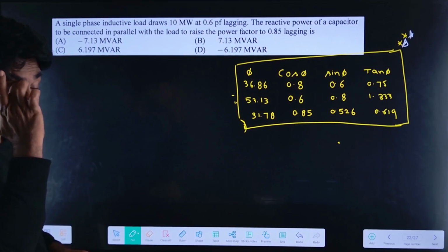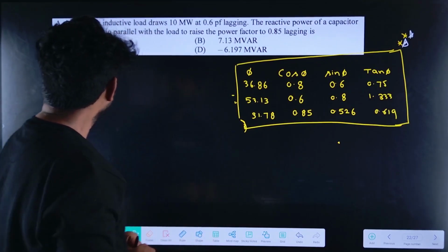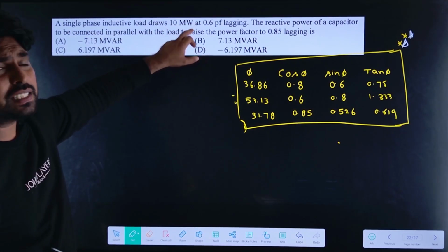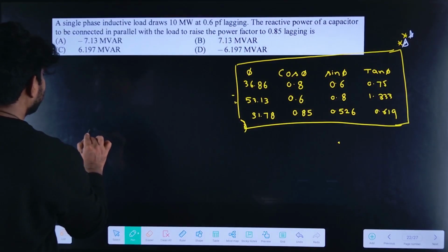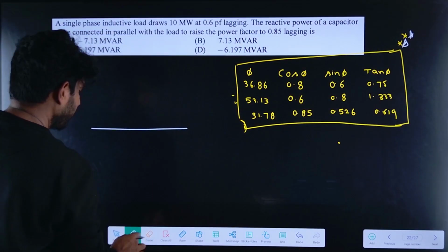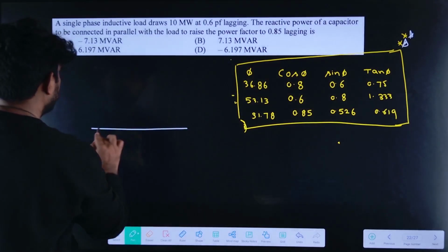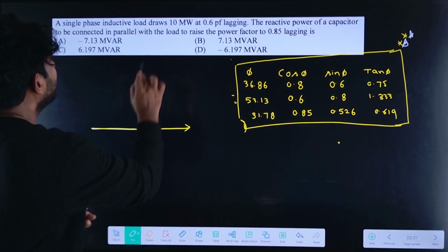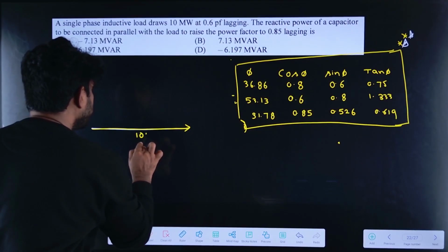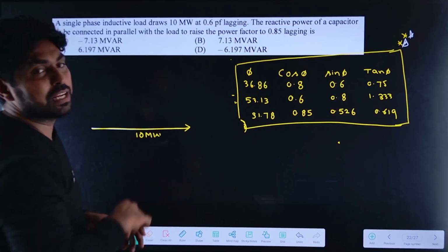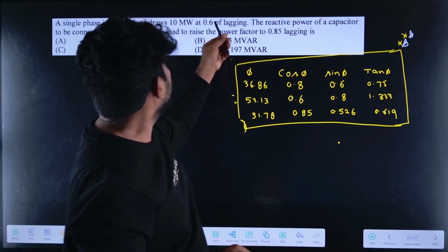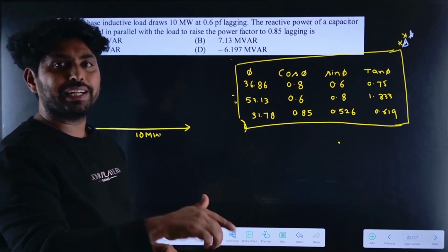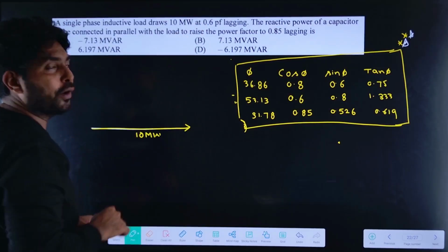So, to solve this problem, let us see what the load power is. It is 10 megawatts. Let me draw the P here. The P value given is 10 megawatts. The load is drawing a lagging power factor, that is an inductive load, equal to 0.6.